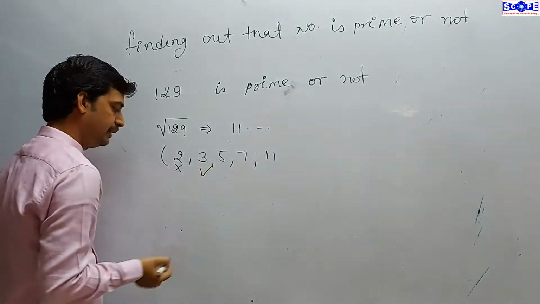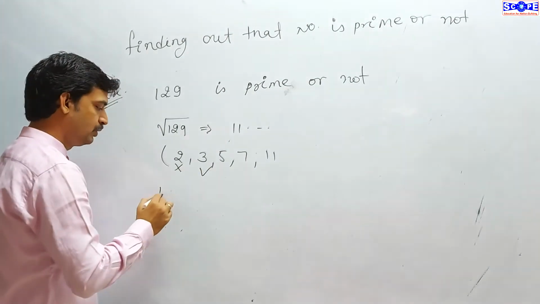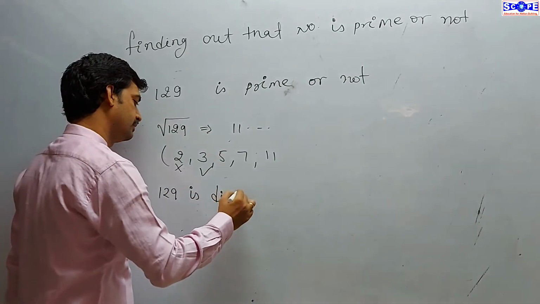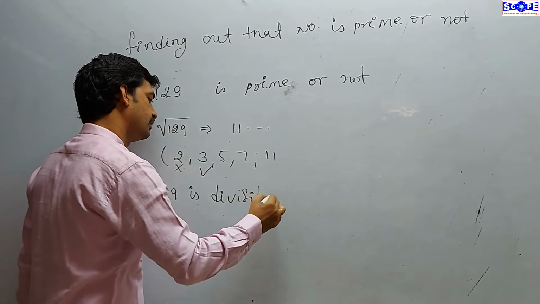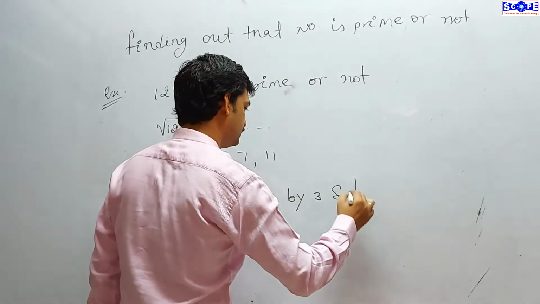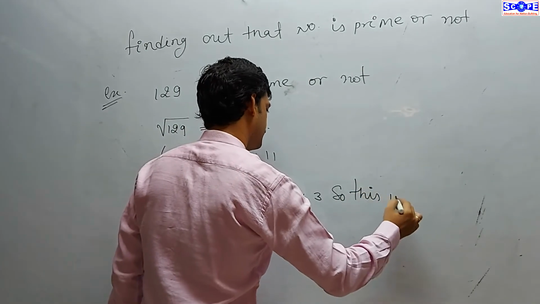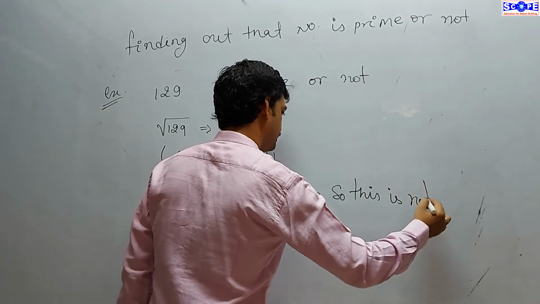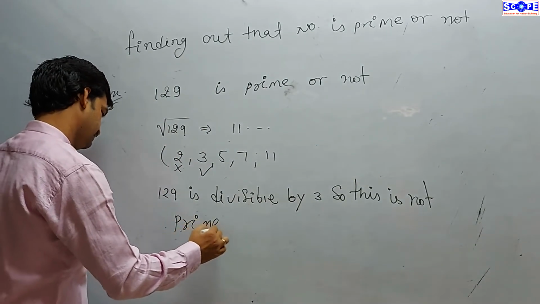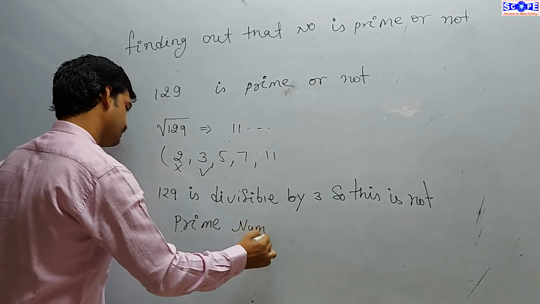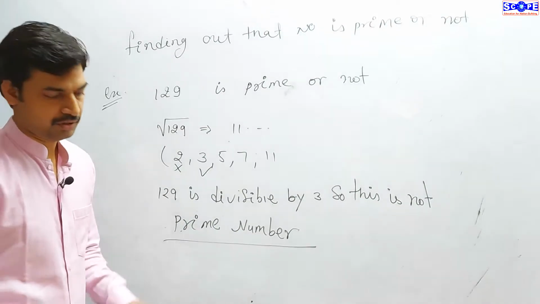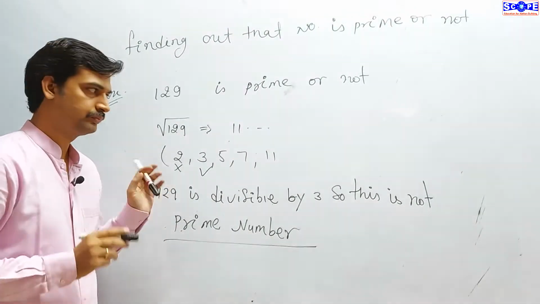That means this is divisible by 3. So we'll write that 129 is divisible by 3, so this is not a prime number. So 129 is not a prime number. Clear?